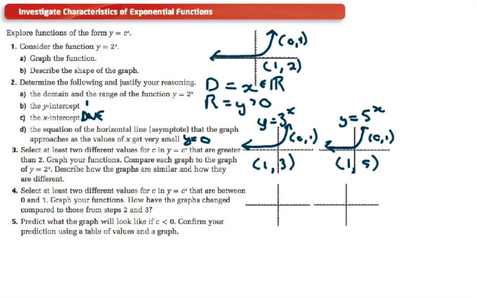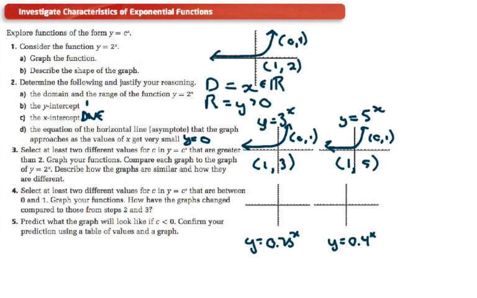If we take that same concept and we pick two values for c that are between 0 and 1, we'll say y equals 0.75 to the x and y equals 0.4 to the x. Again, I'm just picking numbers randomly. Graph those out. We see that the shape is basically the same, except it has been inverted.